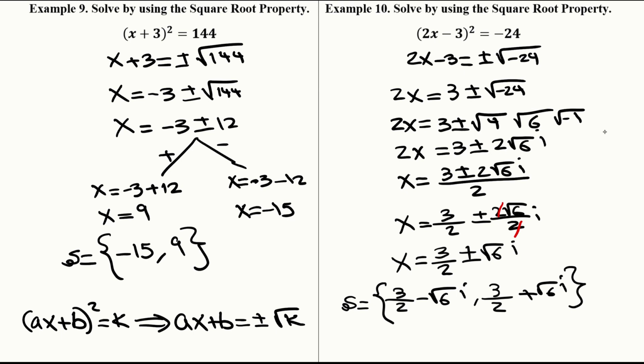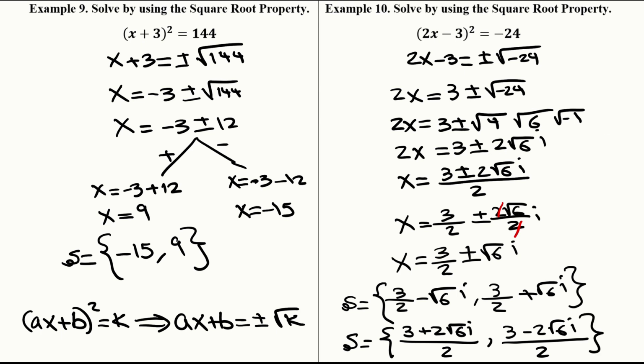Again, in the back of some textbooks, you may see the solution set looking like this: 3 plus 2 radical 6i over 2, comma 3 minus 2 radical 6i over 2, and that's correct as well. But again, we prefer this one because you can clearly see that these two solutions are complex conjugates, and from a purely mathematical point of view, we always prefer complex conjugate form.